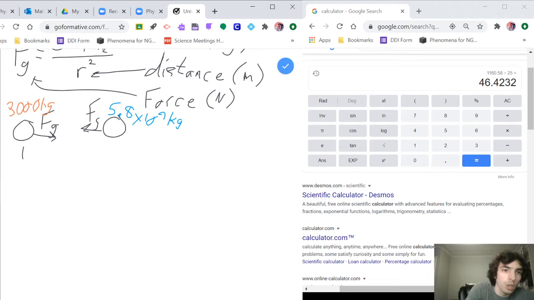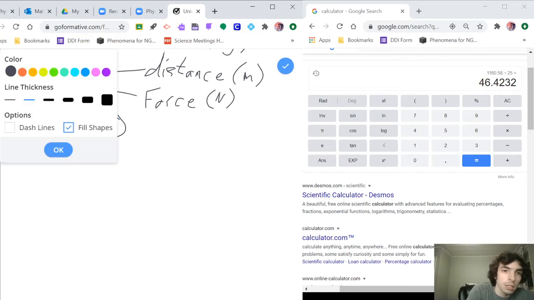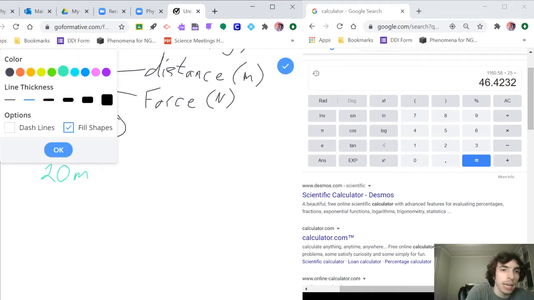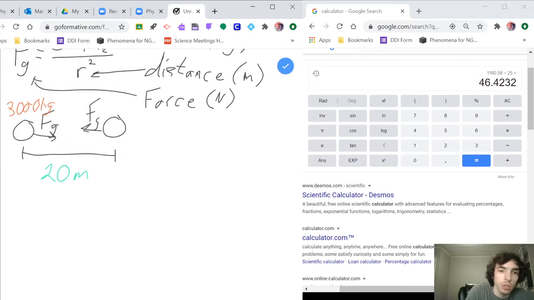Let's get our new numbers up here, and erase some of the stuff that we're not going to use. Let's say that we have the same 3,000 kilogram mass. Let's say that our distance between these two masses is, let's choose something larger, 20 meters. Still pretty small in the scope of the universe.